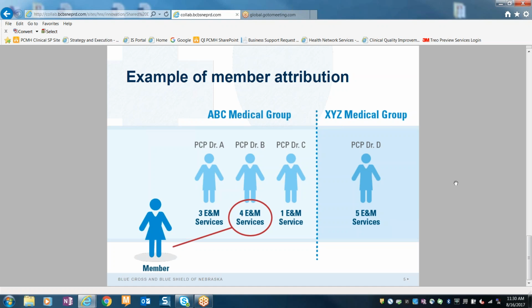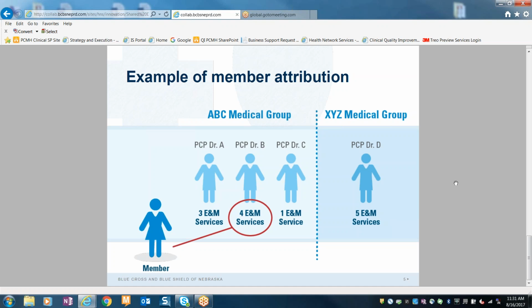So that's why it's important to go into the dashboard and look at the outreach lists and the PDFs on the population pane, the right page of the right-hand side of the dashboard, which will show you member lists of individuals who are going to fall off of your attribution because they haven't been in. And of course, people can fall off attribution due to terming coverage as well.